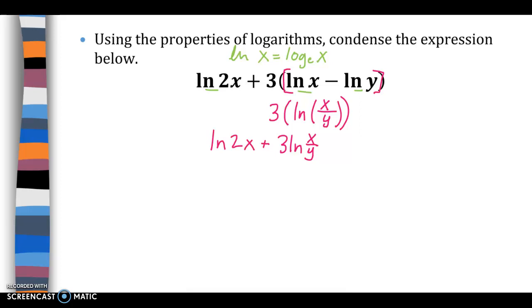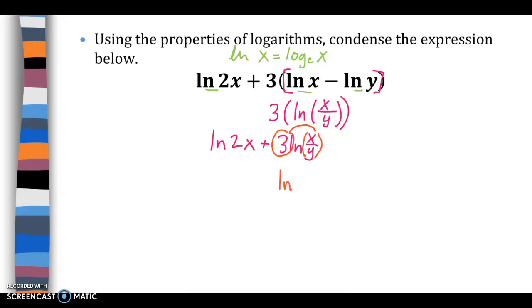Now this 3, why didn't I move that in first? Well, I could have moved that in first, but I also can just say, hey, this 3 is going to go inside. Everything on the inside is going to be raised to the power of 3.